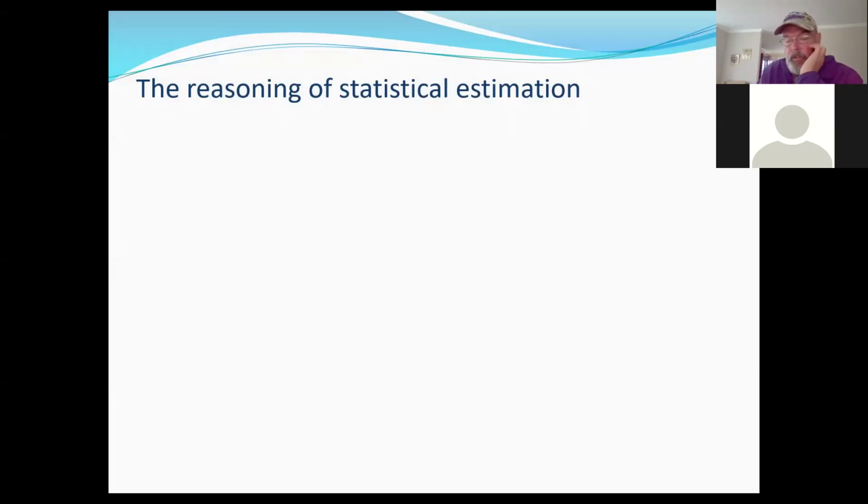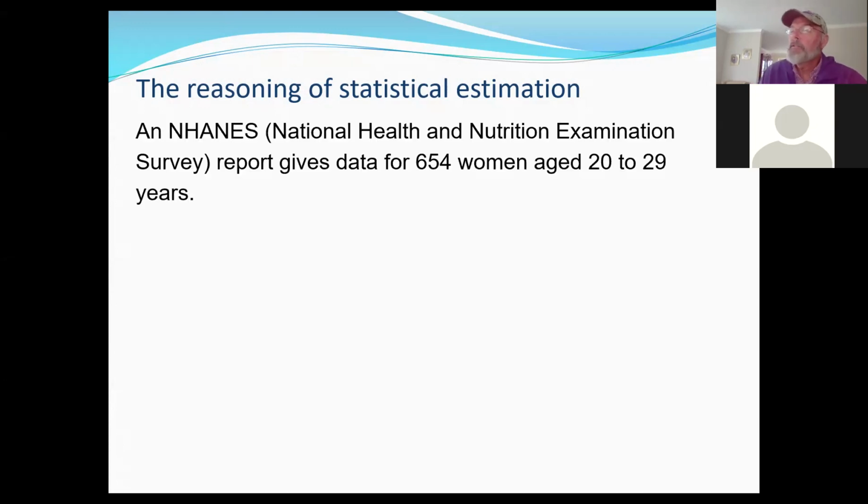Okay, so this is the one problem that we went over for confidence intervals. And this is the NHANES report on a group of women, 20 to 29, and the sample size is 654.